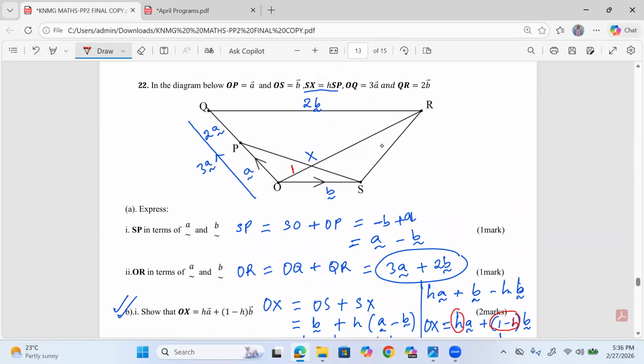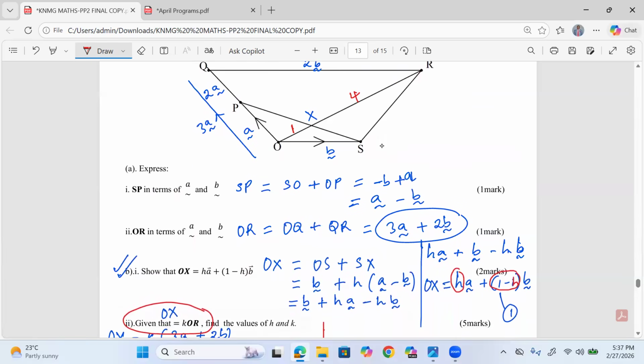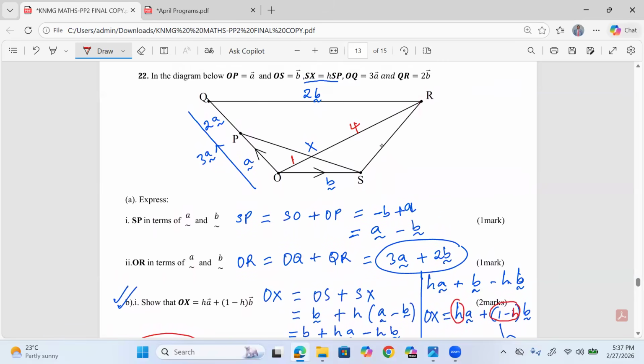OX is 1 proportion out of 5 proportions of OR, meaning that we remain with 4 proportions here. A fifth of the whole OR, which is 5, and we're already talking about 1 proportion out of 5 proportions, meaning that from X to R, we remain with 4 proportions. That is what it means by 1 over 5. 1 proportion, and the total is 5, meaning that from X to R, the remaining are 4.